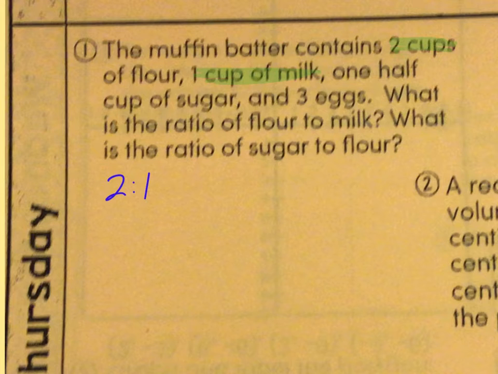Okay, now it says what is the ratio of sugar to flour? So we have 1/2 cup of sugar. And the flour, we already know it's right here, isn't it? So we want to look at the red stuff. And so sugar comes first.